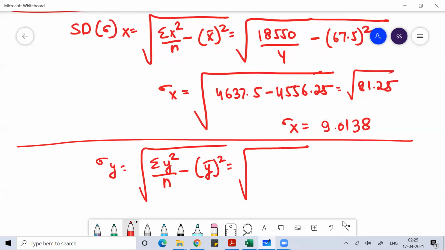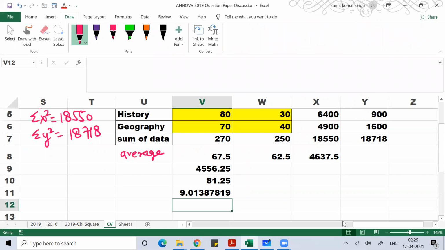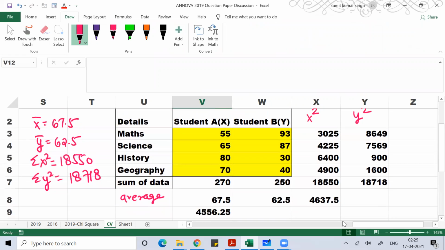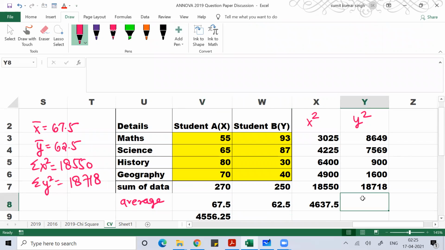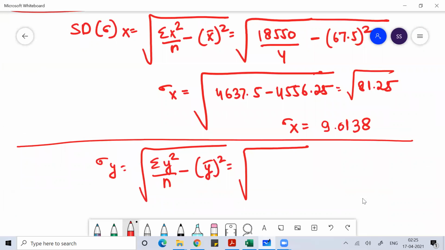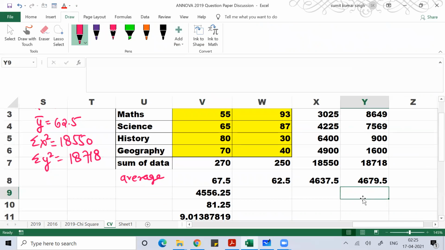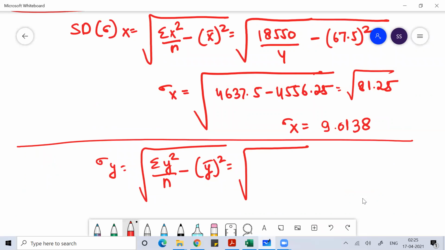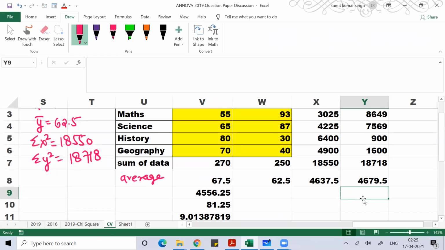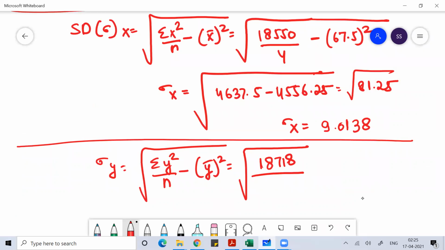Under root of y square, which is 18718, divided by n, n is 4, minus y bar. Y bar is 62.5 square.